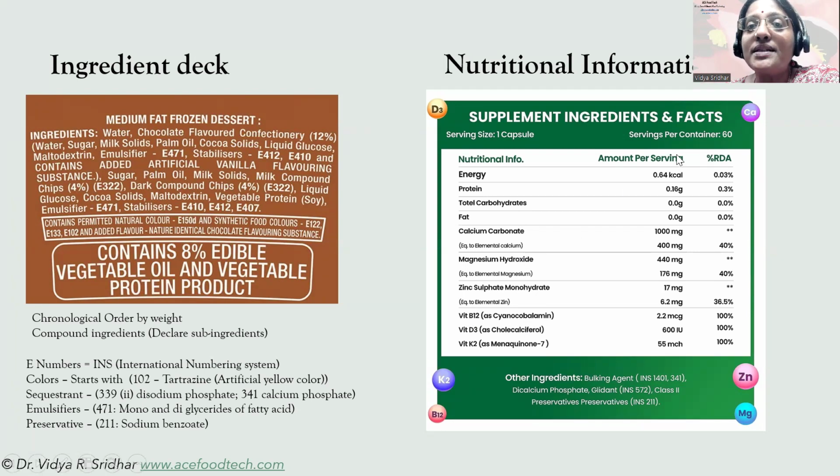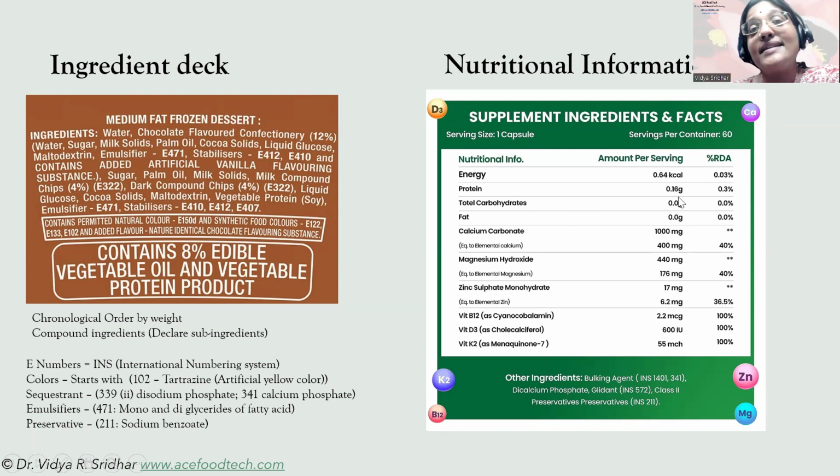And if you notice in the nutrition information, there's always something called servings per container and amount per serving. The serving is very important for you to note for any product when it comes to nutritional information. The serving size here right now is one capsule.